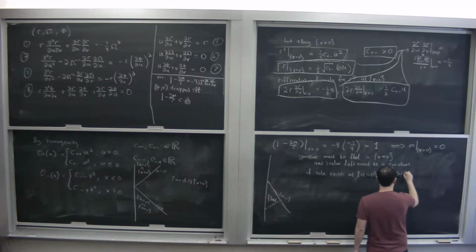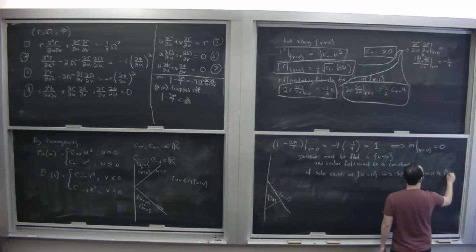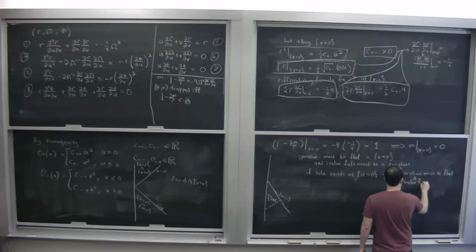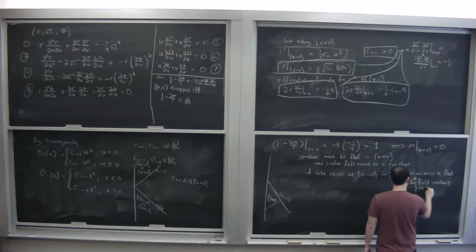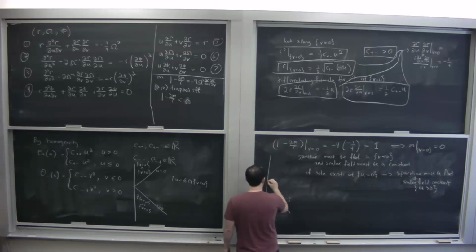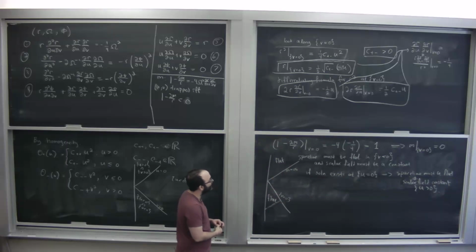So in here, the space-time must be flat, and the scalar field constant, for u positive. So if the solution exists up to here, it must be flat, and the scalar field is a constant.